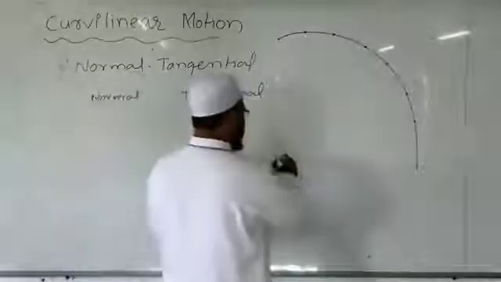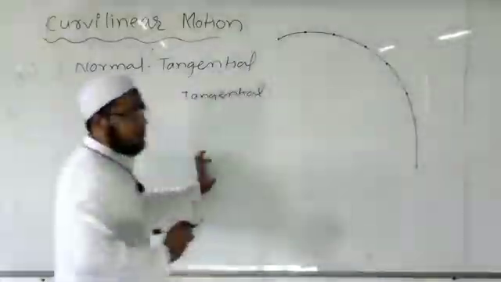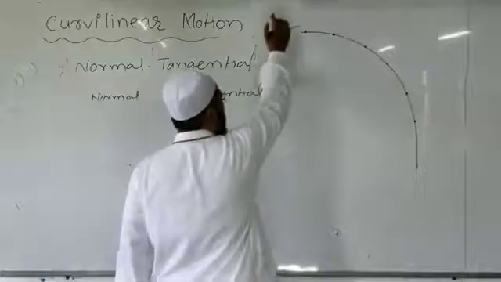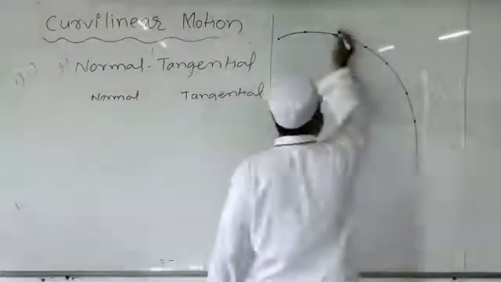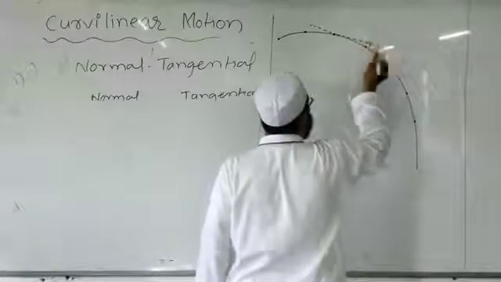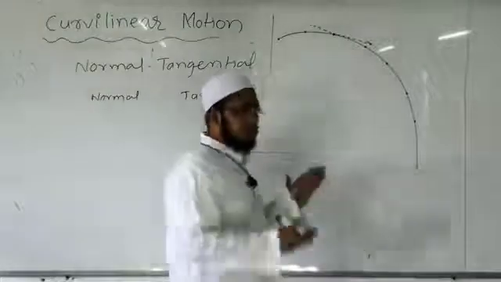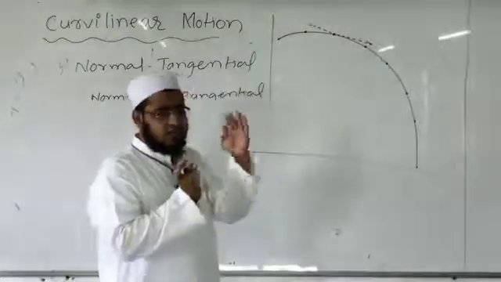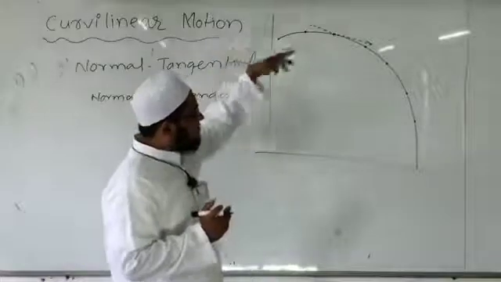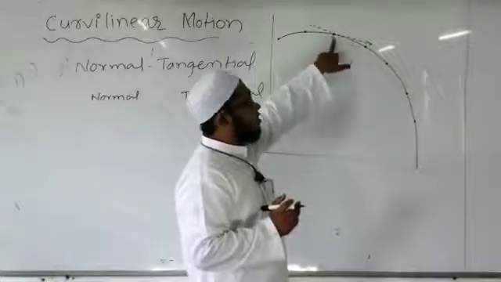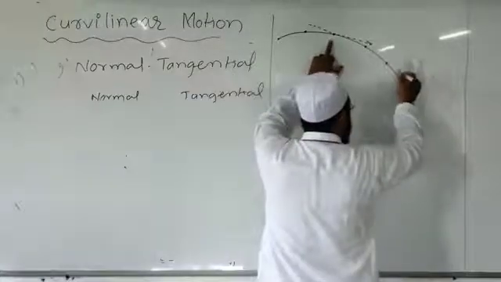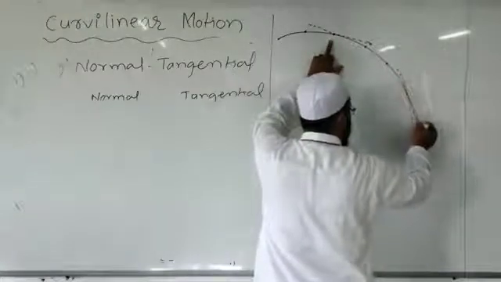But you can see that if for a particular instant the path is known, the object is always moving in the tangential direction, because the direction in which the displacement is taking place is tangential for that instant. Here I will draw the tangent.